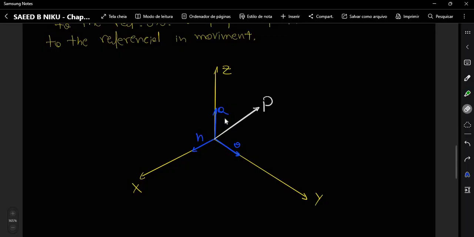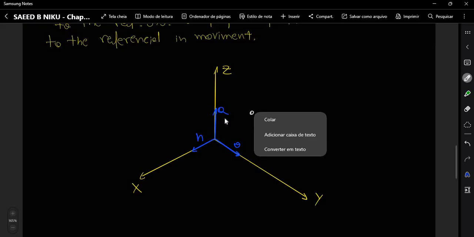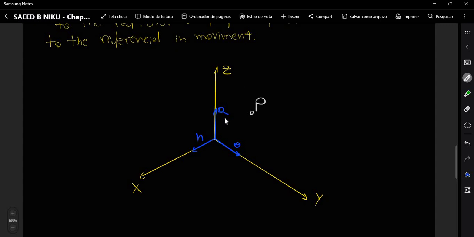Not a vector itself, but a point. Let's say that it is a point, and this point is fixed on this reference system. And because of this, we are able to track this point. Let's say that it is a point P. So it is a point P referenced to this ref system.